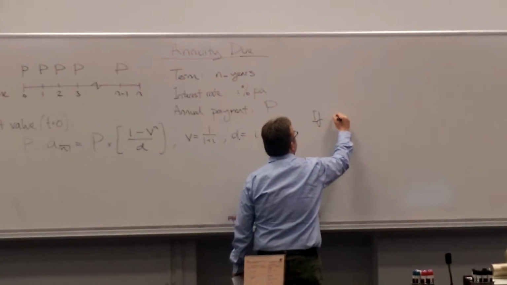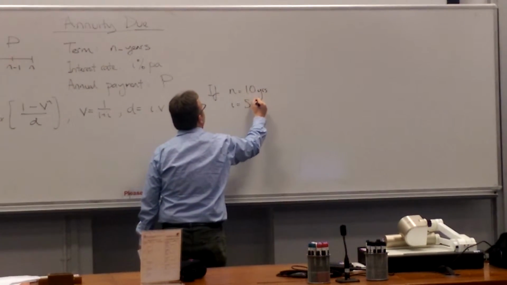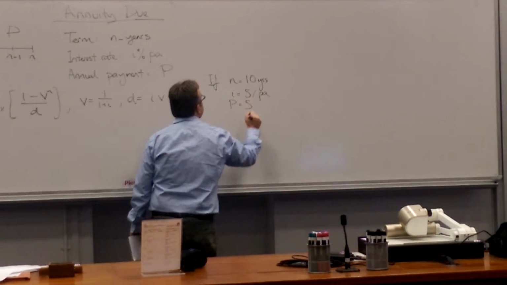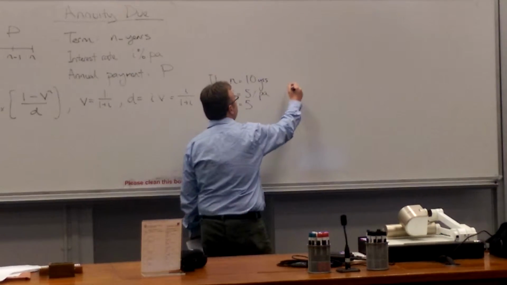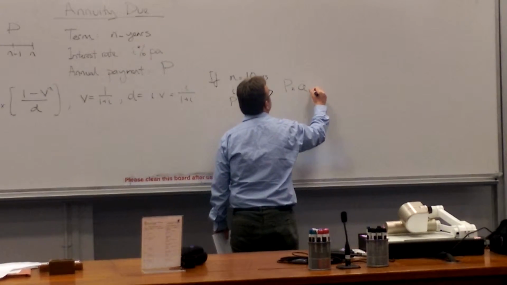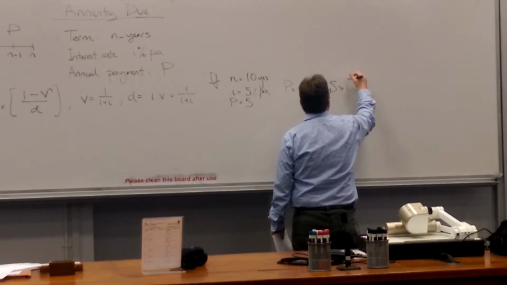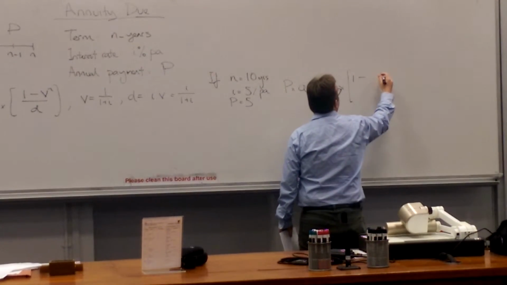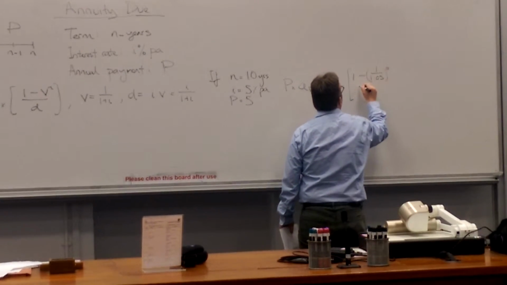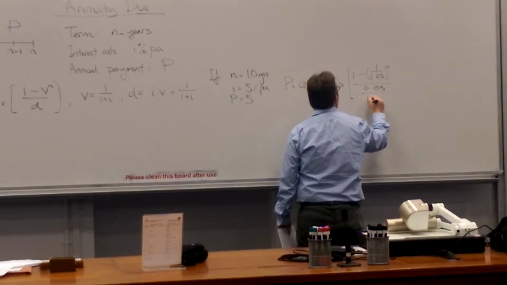So if we have n is 10 years, i is 5% per annum, say, and the value of the payment is 5, then P times a-double-dot 10 is equal to 5 multiplied by 1 minus 1 divided by 1.05 to the power of 10, divided by 0.05 divided by 1.05.